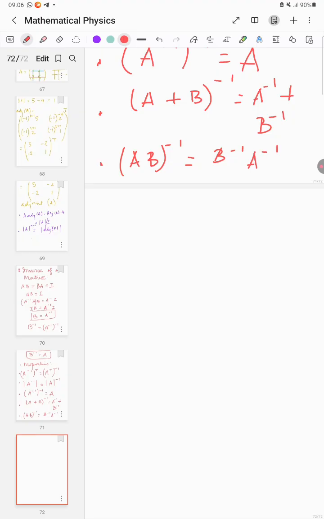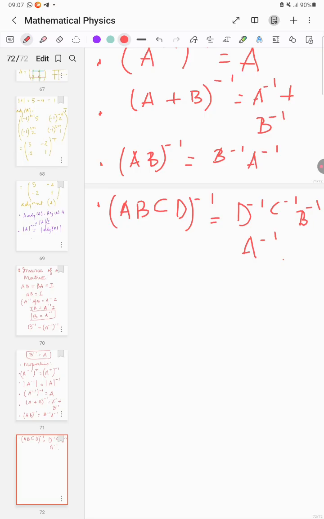Alright. Similarly, the inverse of ABCD is equal to D inverse C inverse B inverse and A inverse multiplied all together.